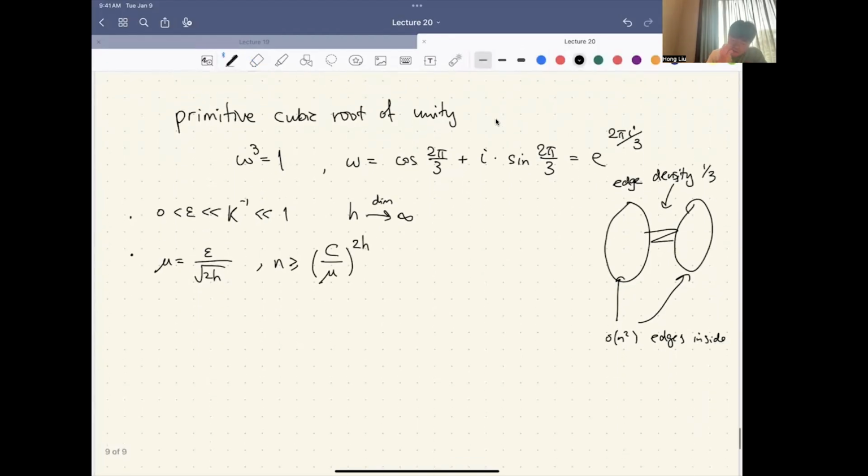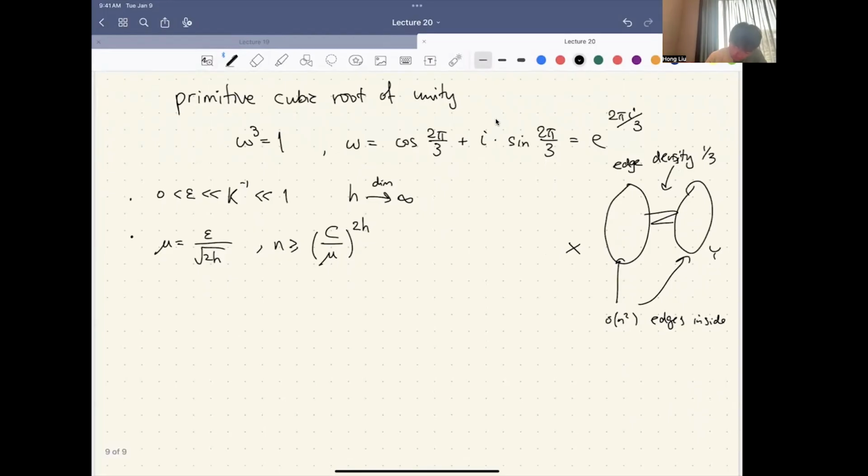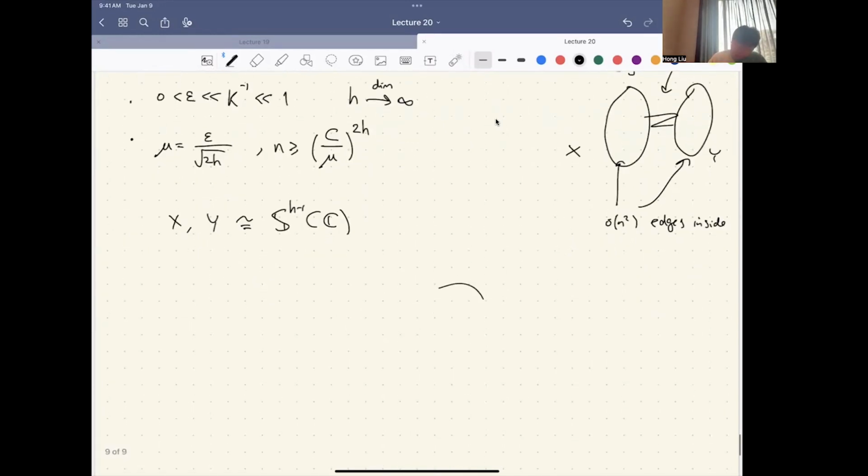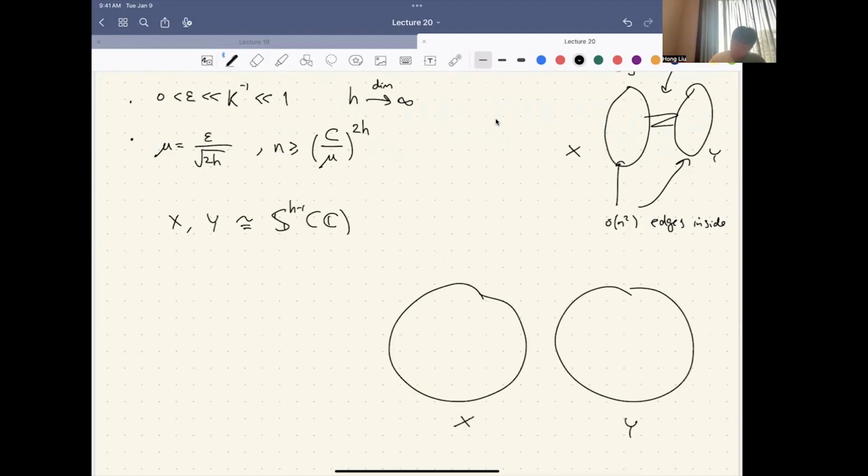Now each copy of X and Y will be an h-dimensional complex sphere. We again distribute points uniformly over X and Y. How about the inner edges?